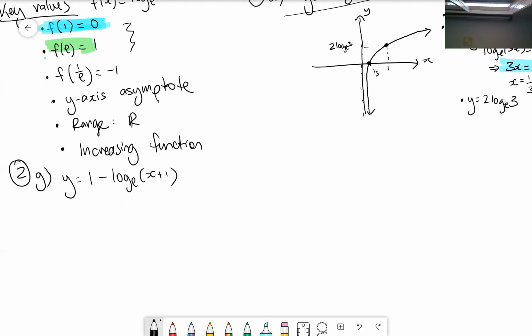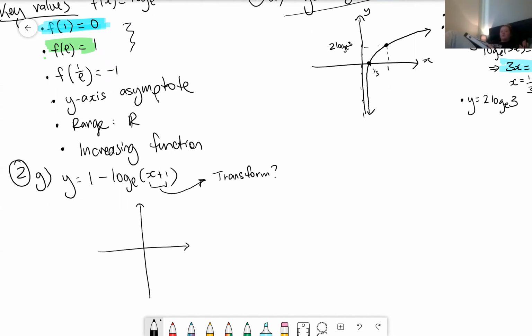All right. So let's go through a similar sort of process. When it's x plus 1, how does the graph transform? Moves to the left one. Yeah, perfect.